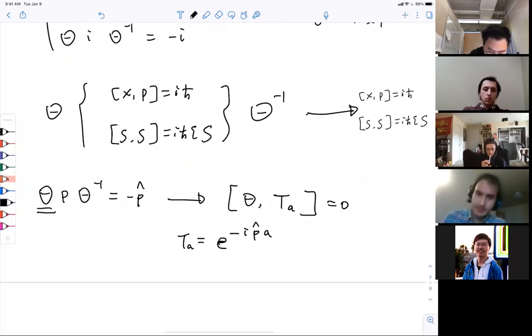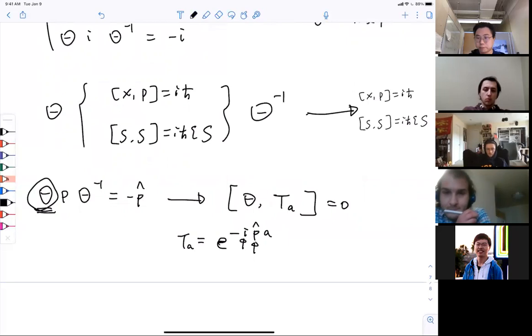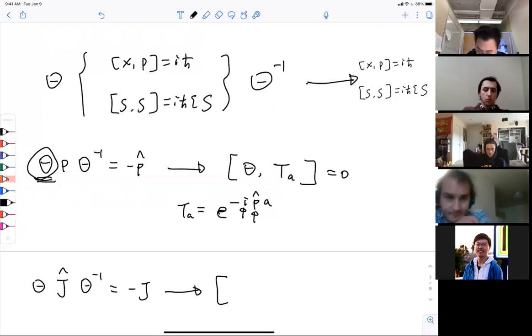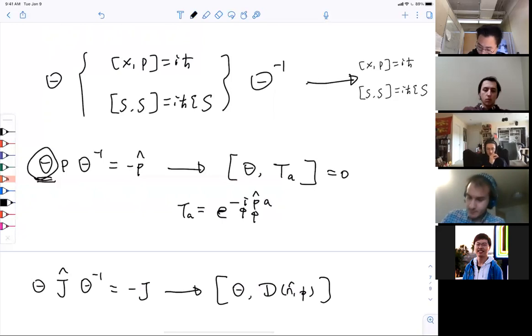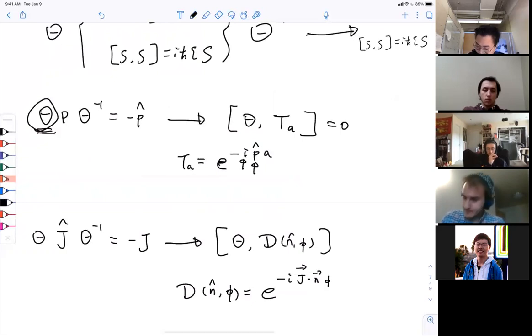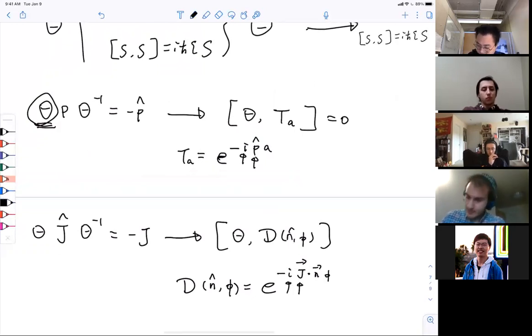Whenever you act with time reversal on this operator, the i flips sign, but the P also flips sign. Similarly, from this one, it also commutes with rotation. Let's denote it as this. It can be written as exponential of minus i J dot n phi. So the i flips sign, and the J also flips sign.